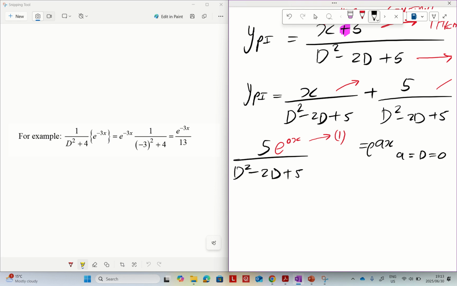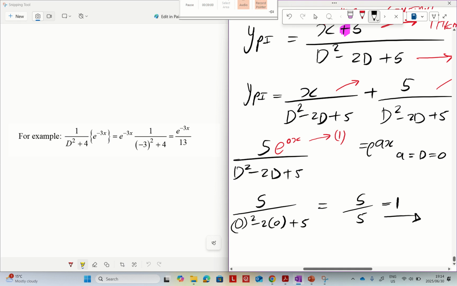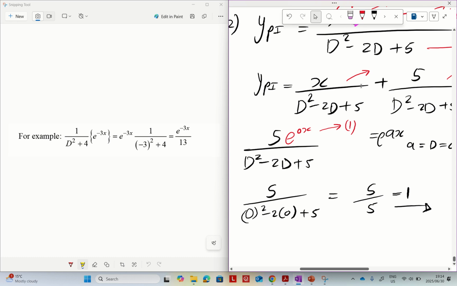So where there's d, we're going to put 0. So we will have 5 over 0 squared minus 2 into 0 plus 5, which is equal to 5 over 5, which is equal to 1. That's how you're going to solve that. Is it clear? Is it clear, guys?